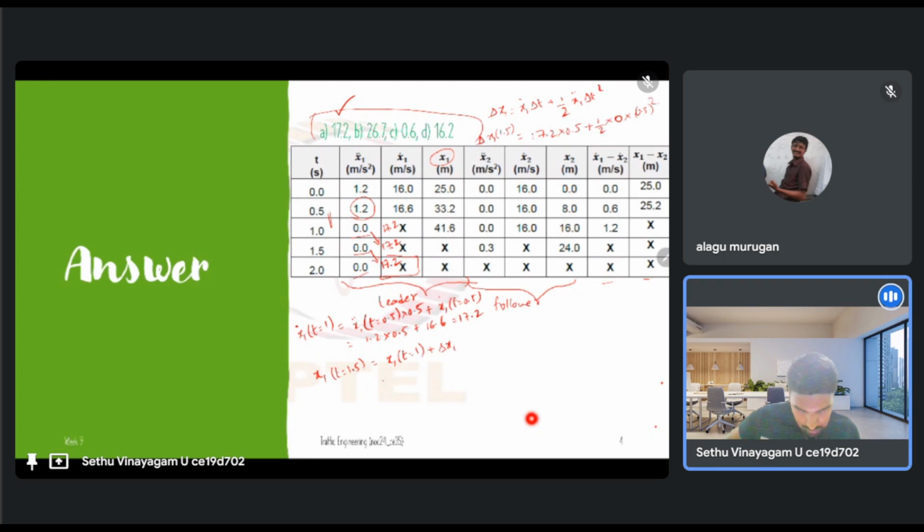That was 41.6 plus 17.2 into 0.5. That is 8.6 plus 41.6, so 50.2.